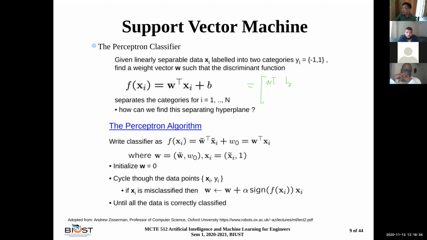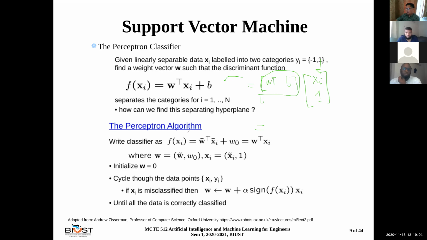B and Xi, 1. If you distribute, that's that one. In this case, this is a vector, so we can look at this one instead. We separate the variables from this one, but we write it like this so that you can see that it's a linear function.